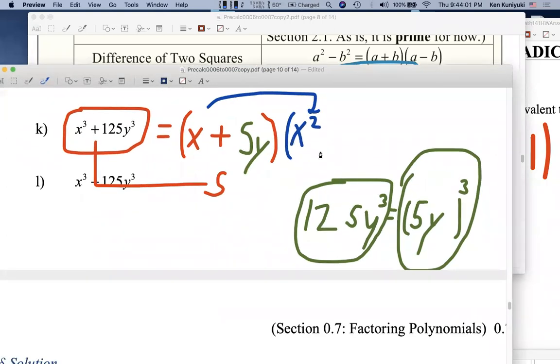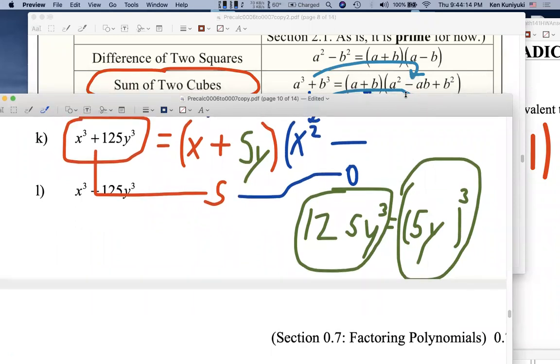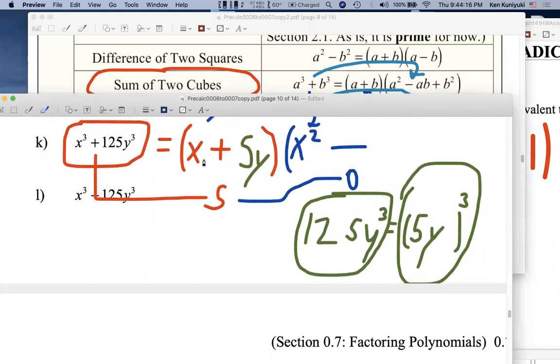What about the sign? S for same sign, O for opposite sign. We had plus signs over here, it's a minus sign over here. For AB, you take the product: x times 5y is 5xy.